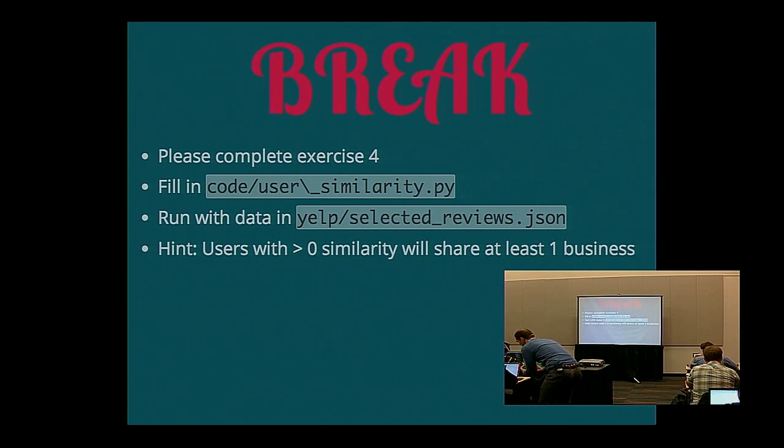It's describing a user, and the way we're currently describing a user is by the list of businesses they've reviewed. After we've described that user, then we can compare two users.